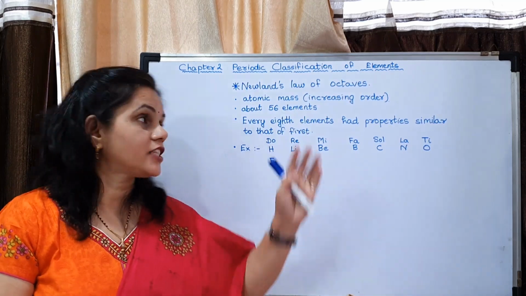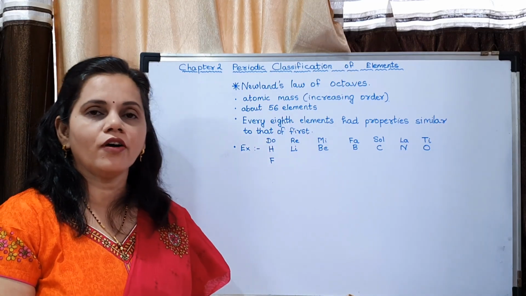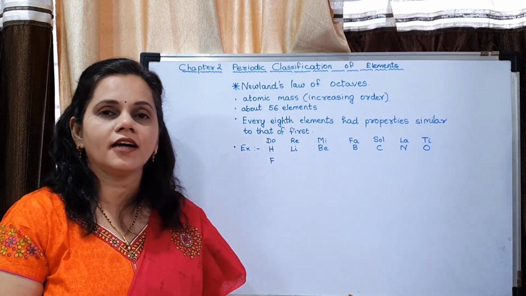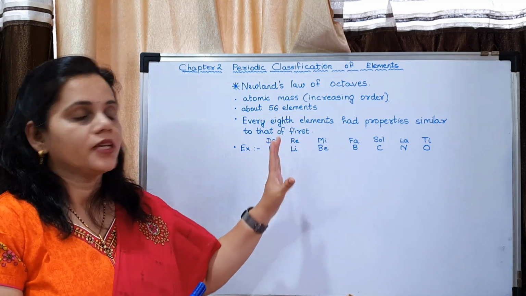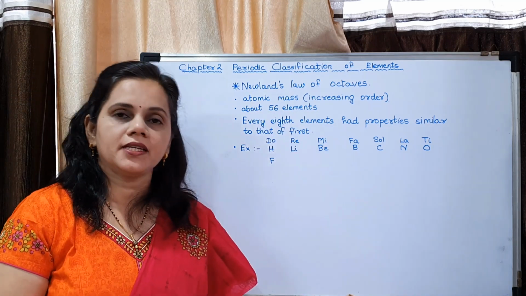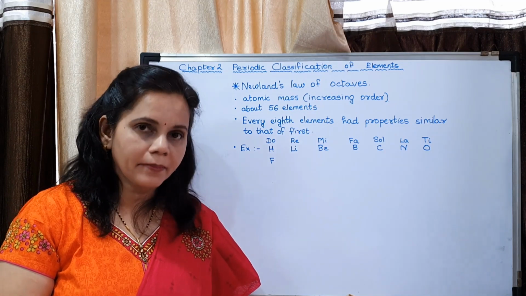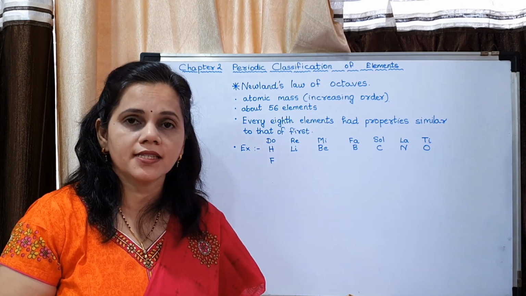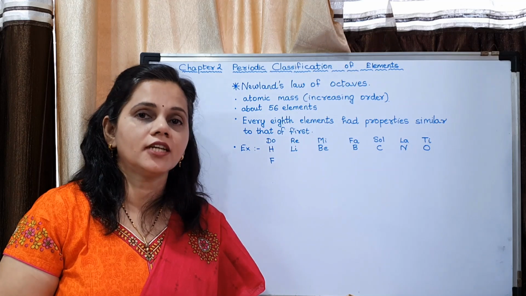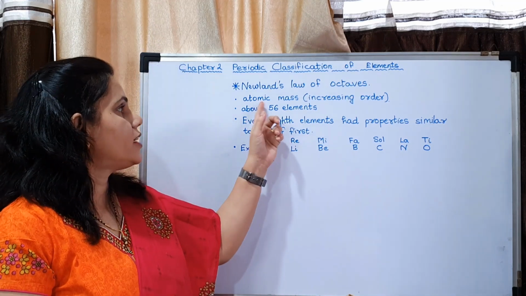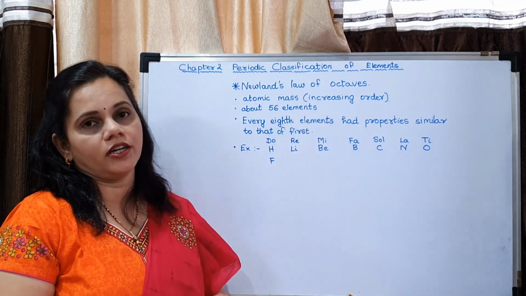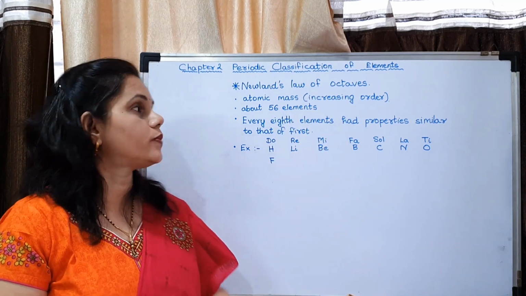So this is the next topic, Newland's law of octaves. Octa means 8. Now what did he do? He also arranged the elements in the increasing order of atomic mass. What is atomic mass? Atomic mass is the total number of protons and neutrons. He arranged the elements which were known at that time.